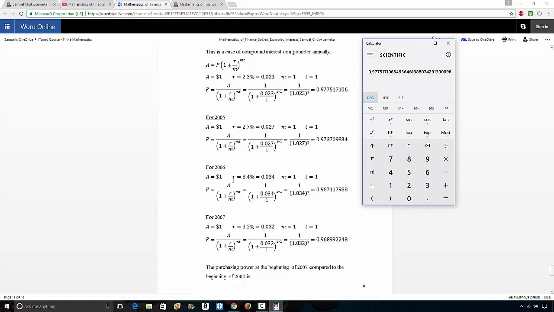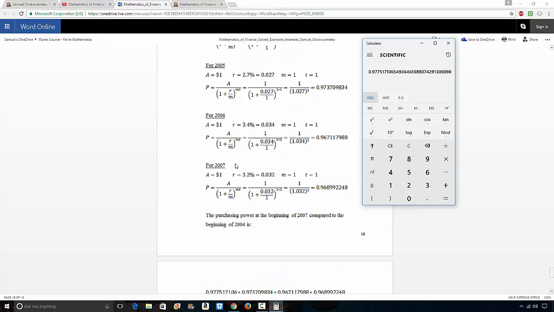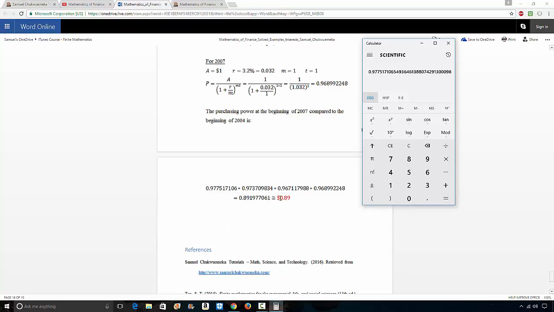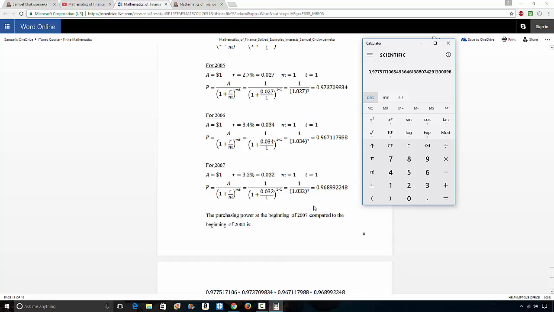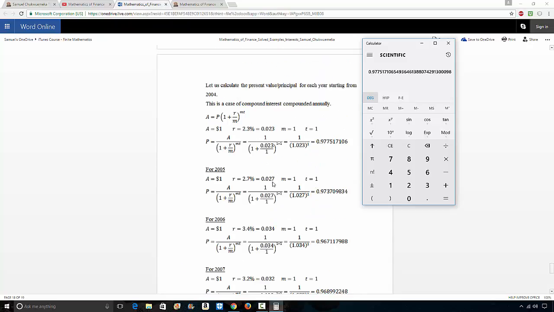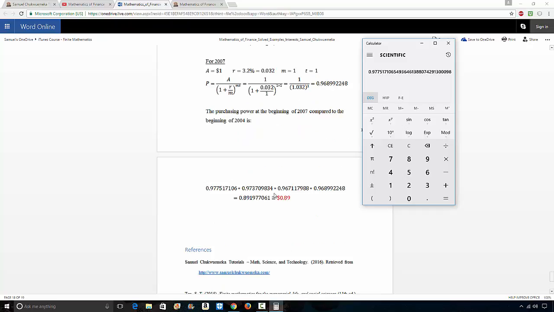You do it for 2005, 2006, and then 2007. And then you multiply all of them to give you the purchasing power of a dollar. You have to do it for each of the years, and then you multiply.